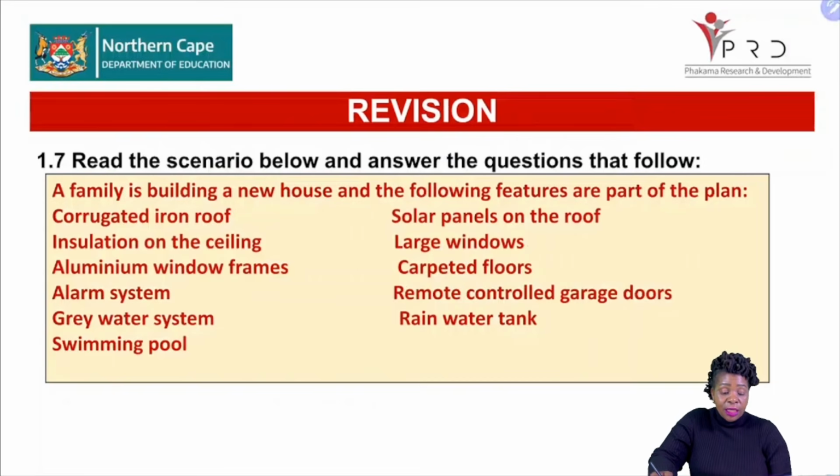That is a corrugated iron roof, insulation on the ceiling, aluminum window frames, the alarm system, grey water system, there is a swimming pool, solar panels on the roof, large windows, carpeted floors, remote controlled garage doors, and a rainwater tank, right? I'll allow you a few minutes to also go through the scenario before we go to the questions.